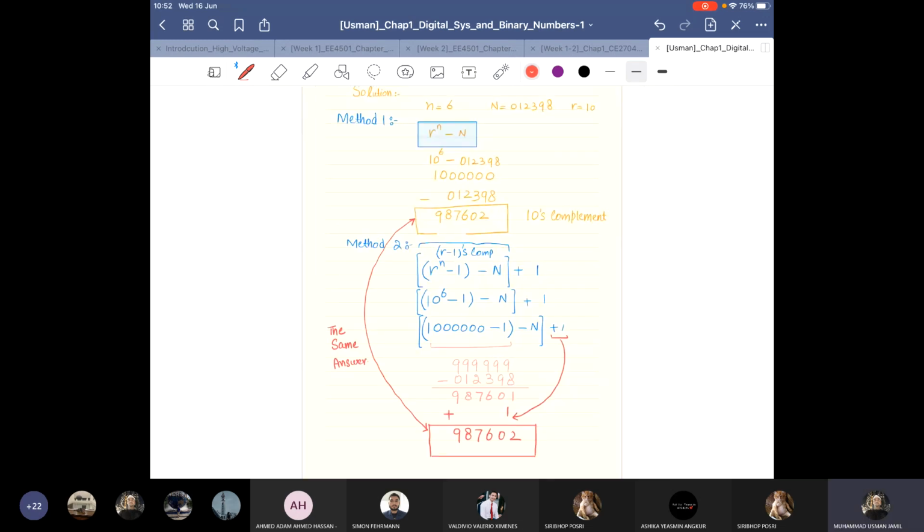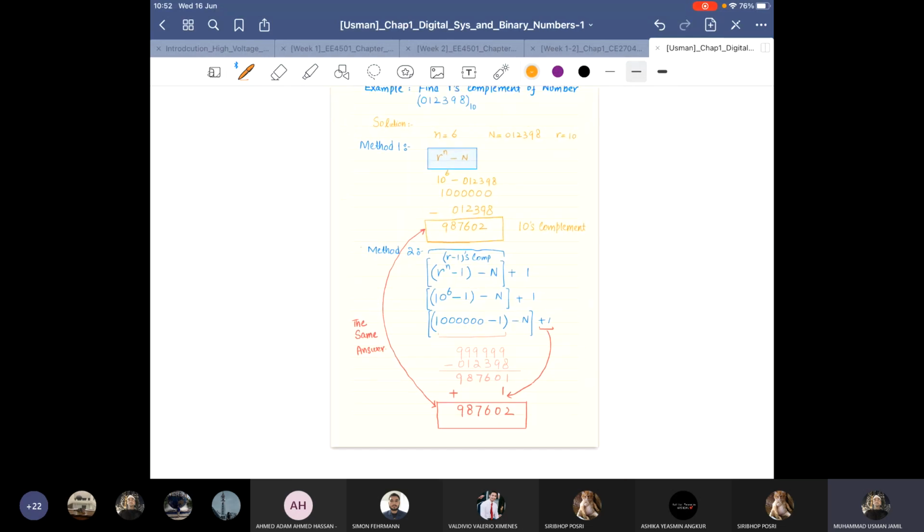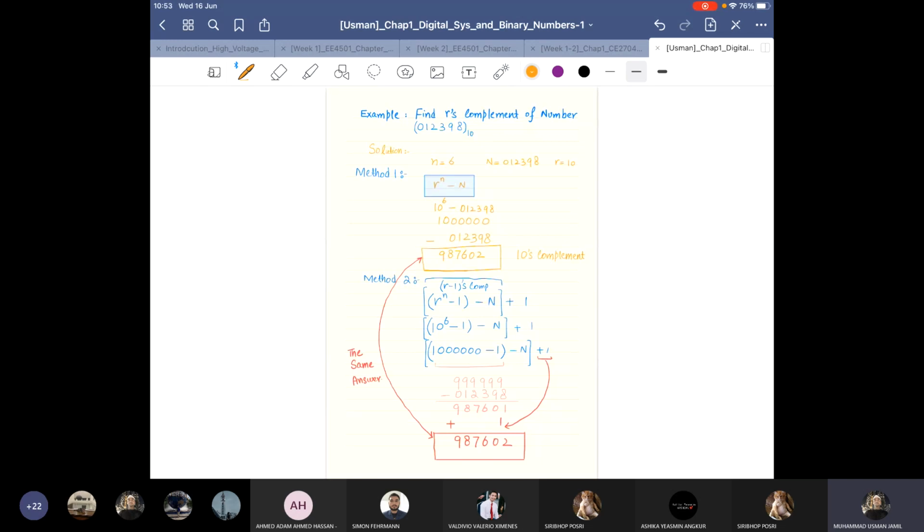As I recall once again, if you find the R minus 1's complement and just add 1, you get the R's complement. People mostly prefer the R minus 1's complement because it is very easy. From the R minus 1's complement just add 1, and you will get the same answer.